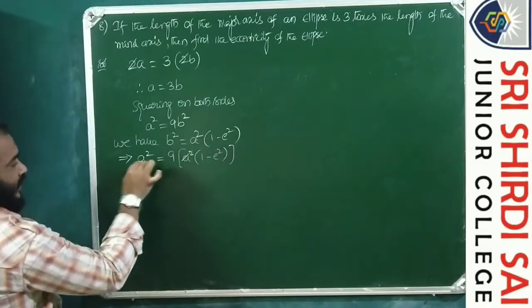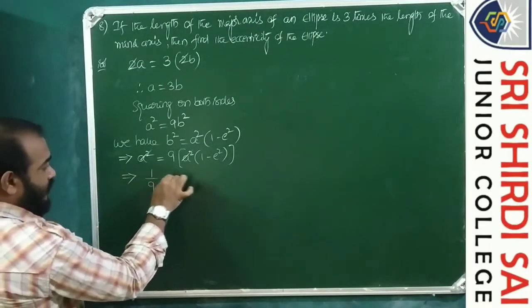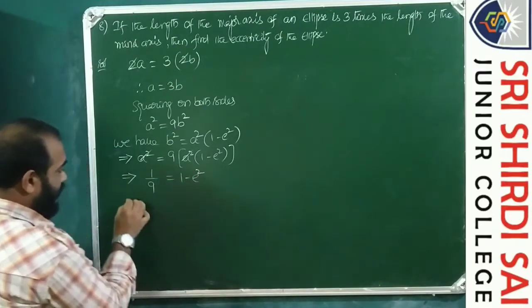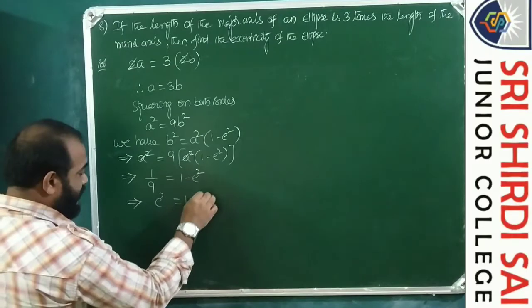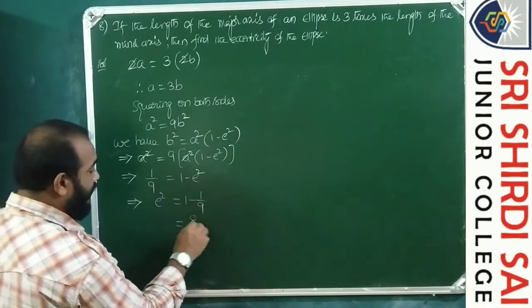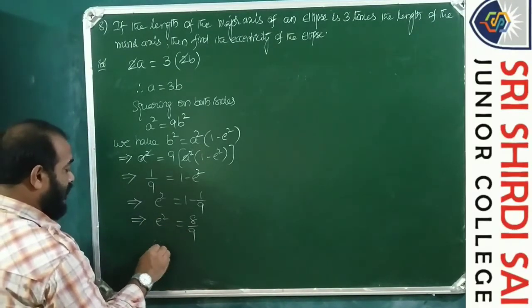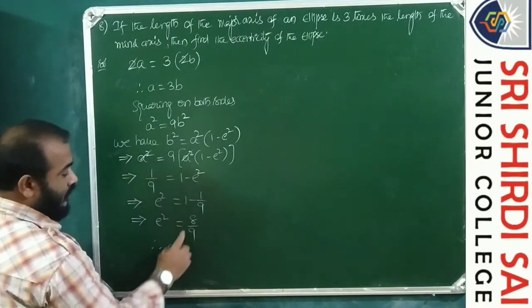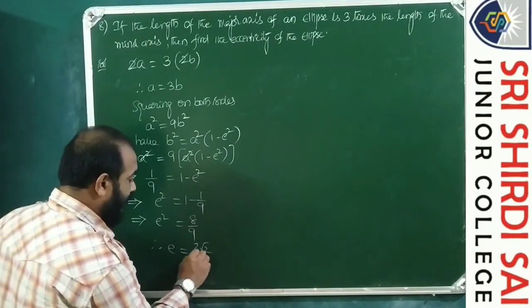So a square gets cancelled. This gives 1 by 9 is equal to 1 minus e square. This is e square is equal to 1 minus 1 by 9. 9 ones are 9, minus 1, 8 by 9 is e square. Therefore, e is equal to root of 8 by 9. This is 2 root 2 by 3.